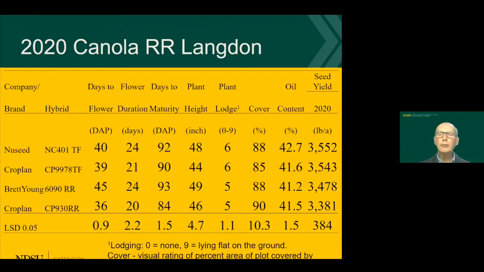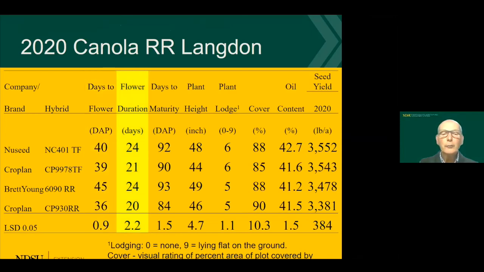Now I'm going to look at a few data points here for canola here at Langdon. And this table is just a snapshot of a lot of information that is in the table, just as an example. So we have in the table the days to flower, and I will expand on this topic a little bit more, but that is from planting to flowering.